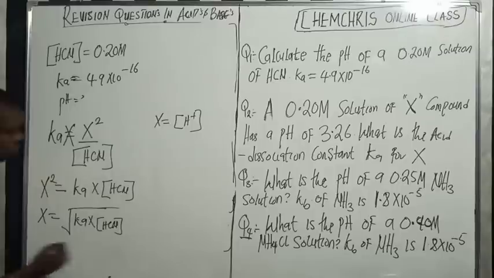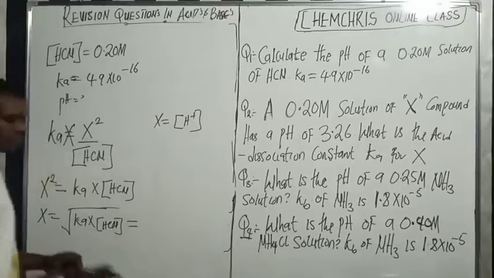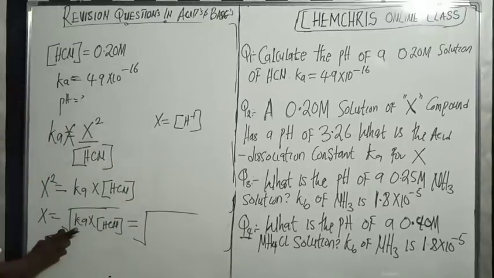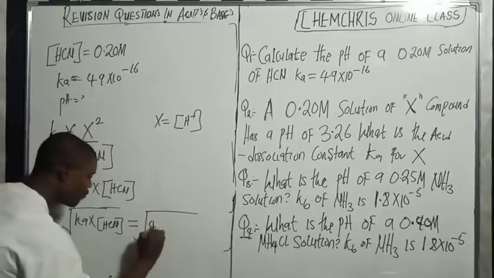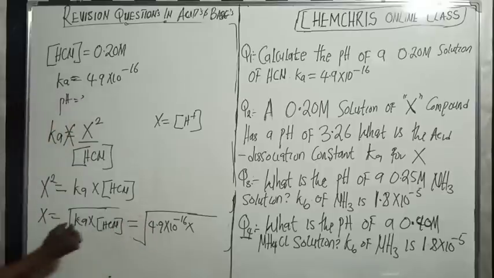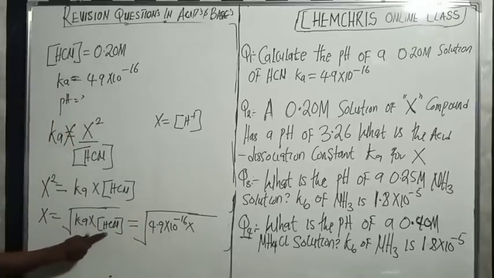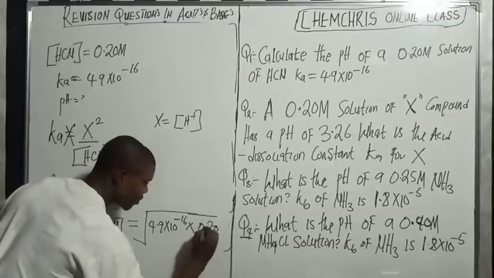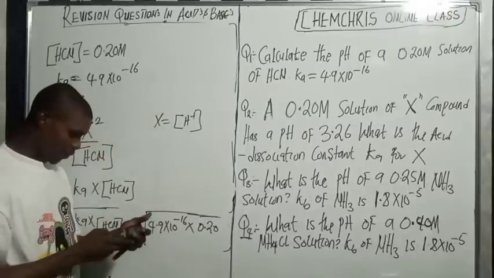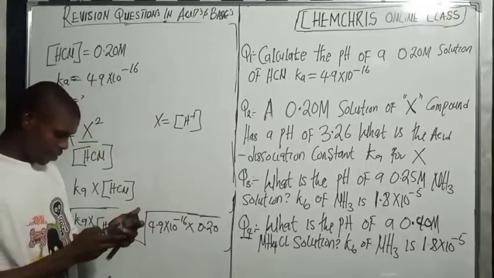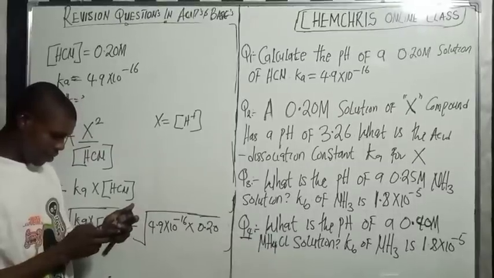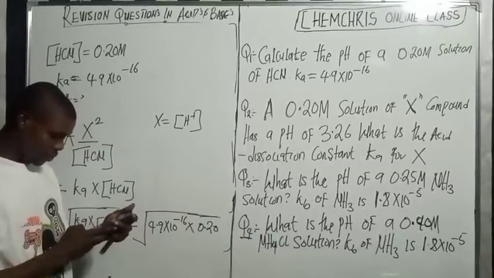Can you see that? So what I want to do here is input your values. Ka is 4.9 exponential minus 16, times the concentration of hydrogen cyanide, which is 0.20, right? So you bring out your calculator here. 4.9 exponential minus 16 times 0.20.